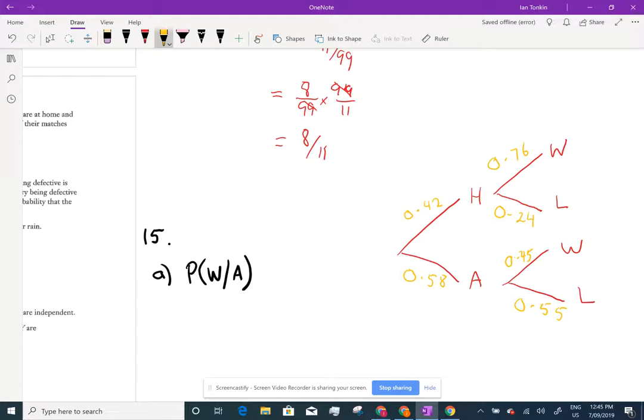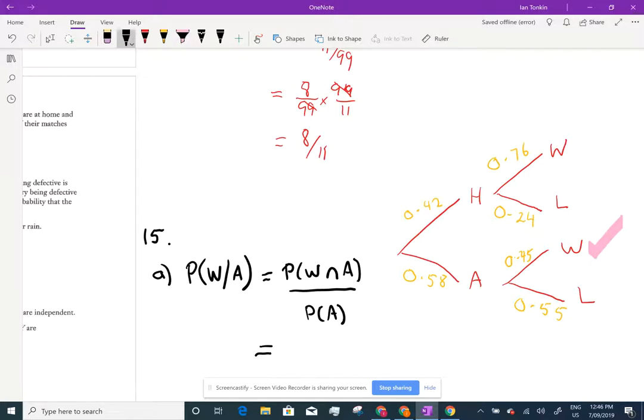So, probability of winning given that they're away. So, that's the probability of winning and away over the probability of away. Well, winning and away is this one.